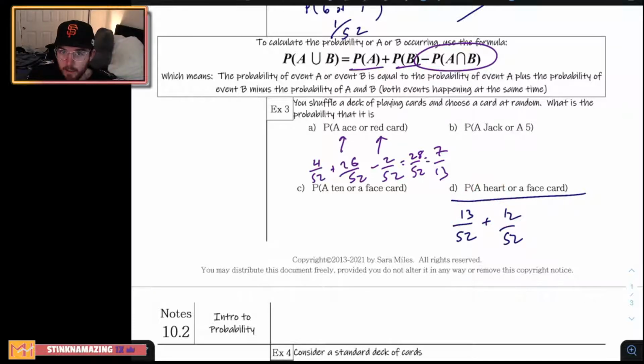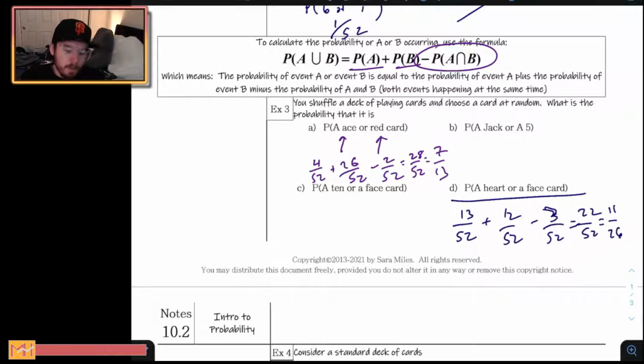How many are we double counting? 3, because there are 3 face cards in the hearts. We counted the jack, queen, and king of hearts right here, and then we counted them again. We don't want to count them again. So subtract 3 out of 52, and you end up with 22 out of 52, which simplifies to 11/26.